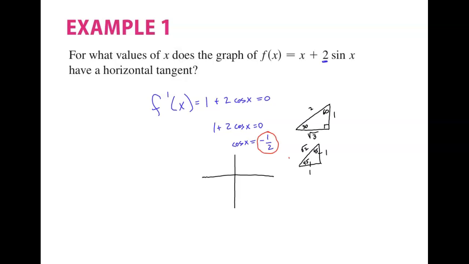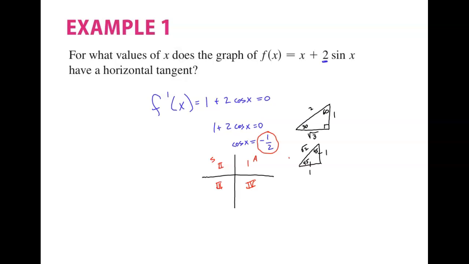So now we go to the unit circle and we have to decide, okay, which quadrants would cosine be negative in? So we have 1, 2, 3, or 4. And there's some acronyms you can use that sometimes help people memorize them, right?